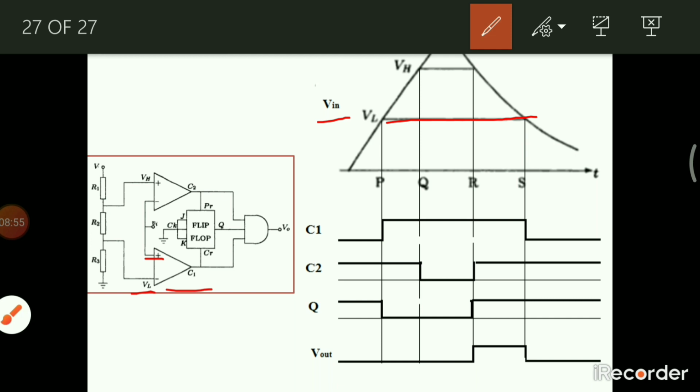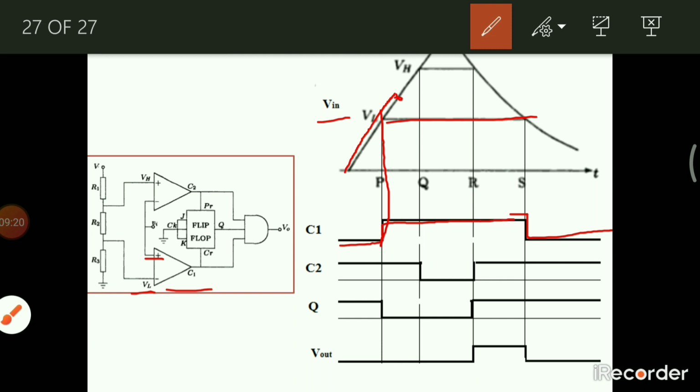So VL is here like this. Now when Vi is more than VL, the waveform Vin increases. At this point Vi is more, so here we'll get a positive waveform up to the VL level. So this is about C1.